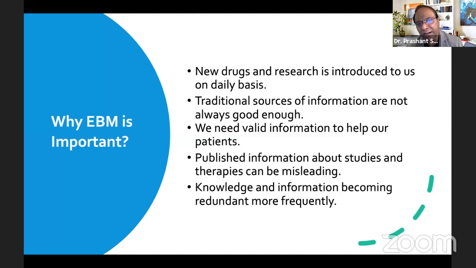Traditional sources of information, such as textbooks, are not always good enough, because you cannot use a textbook after maybe 10 years, as the information becomes redundant. So we need valid information to help our patients.